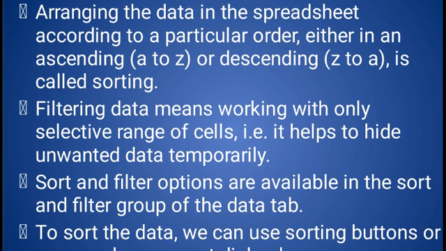Otherwise we have a huge volume of data, and it will create confusion in keeping proper track. So we can view the selected data with the help of the filtering option. Filtering works with only a selective range of cells, and it helps to hide unwanted data temporarily.